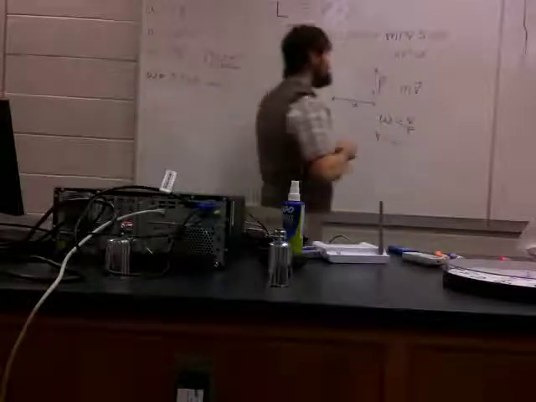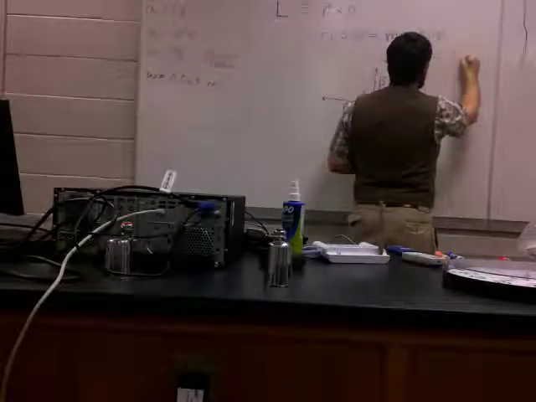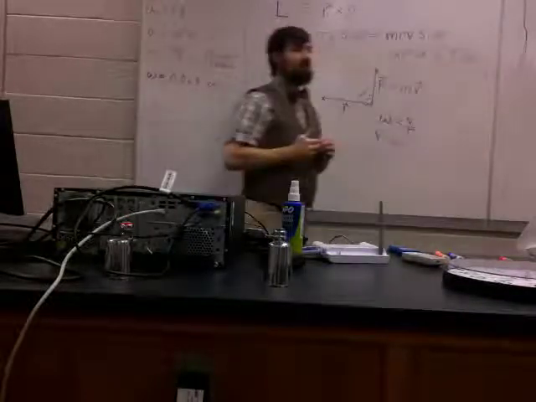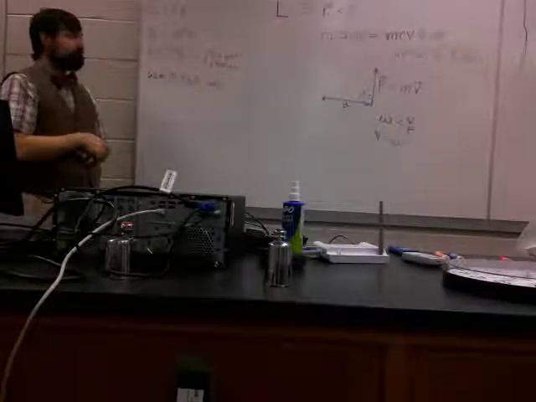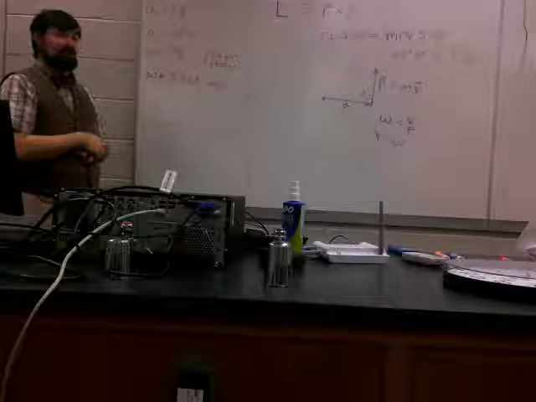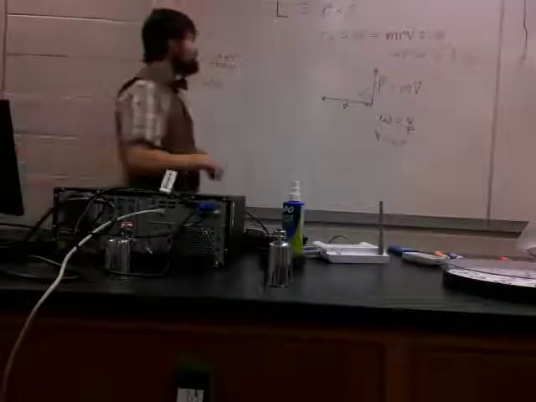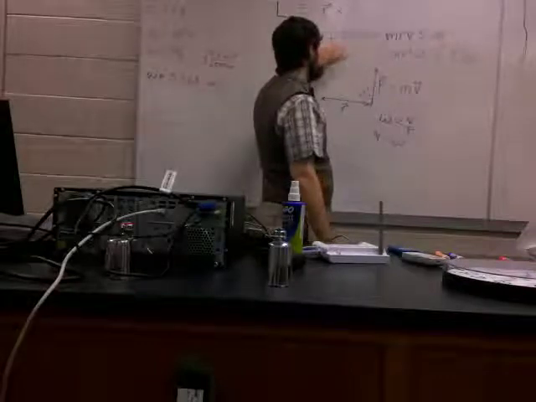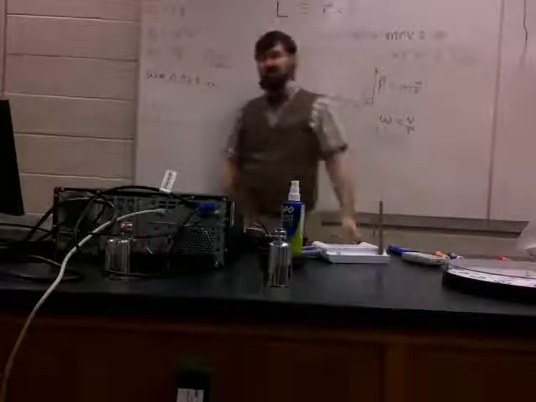Moment of inertia. Okay, so this is equal to I times omega. All right? So that's the magnitude. The magnitude, depending on what you're given, is r times p times sine of phi, or it's mrv, or it's I times omega.